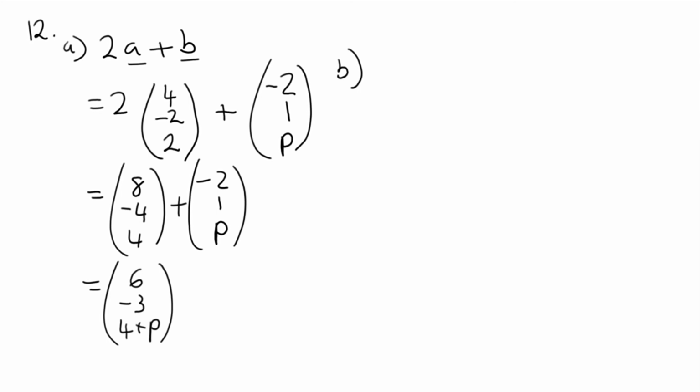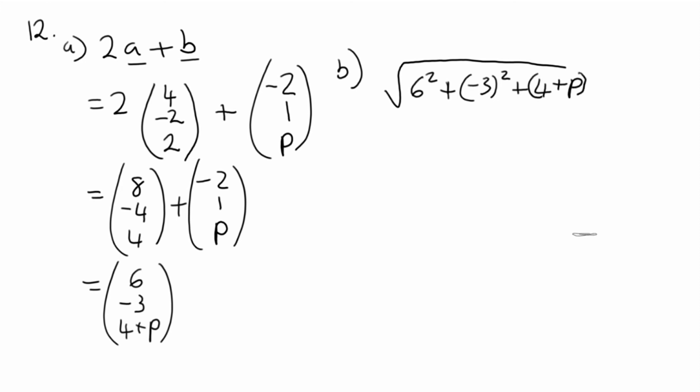Hence find the values of p for which the magnitude of 2a plus b equals 7. So to find the magnitude, you would just square and square root. So 6 squared plus, just put negatives in a bracket so that you're making sense. Let's work that out first and then we'll put equal to 7.